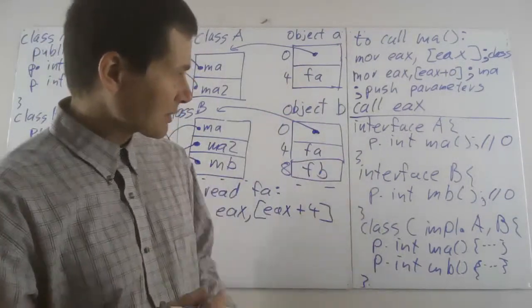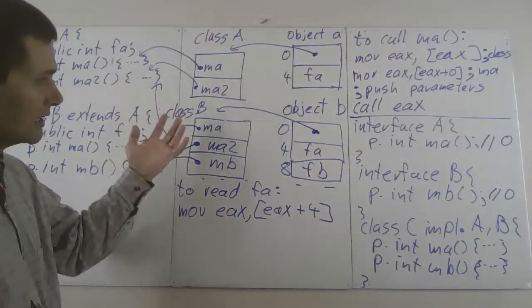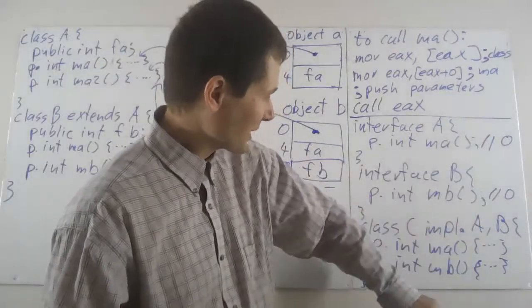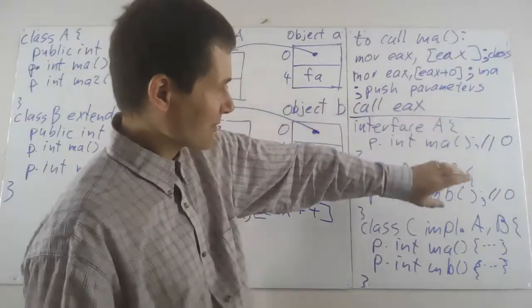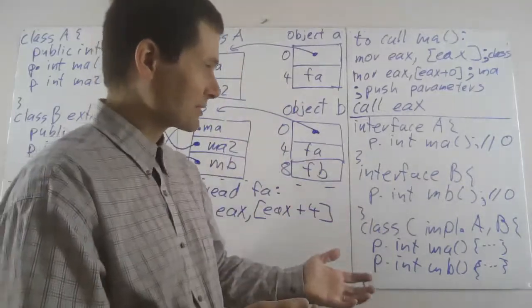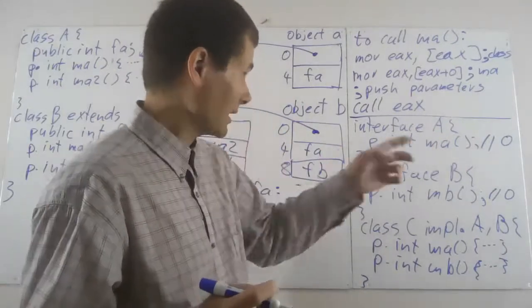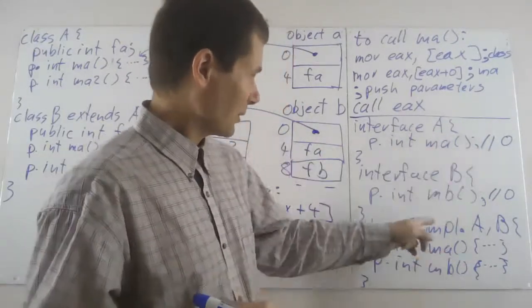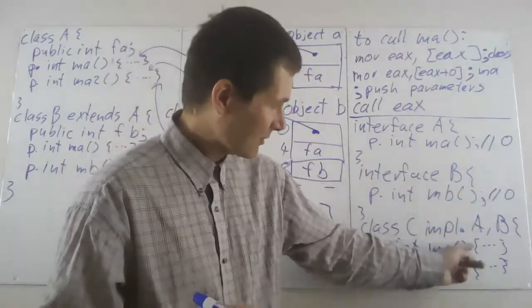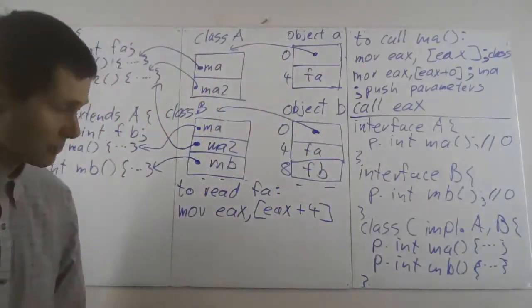But then I go to class C, and I need to design the data structure for class C. At offset 0, it needs to have both interface A as a prefix and interface B as a prefix. But that's impossible because interface A has a pointer to method MA at offset 0, but interface B has a pointer to method MB at offset 0. And you can't have pointers to two different methods in the same memory location.